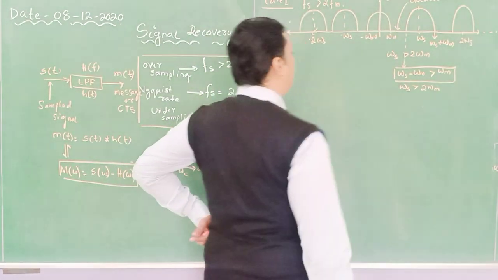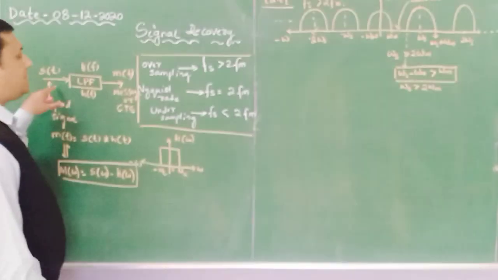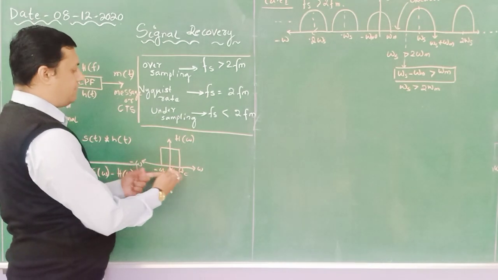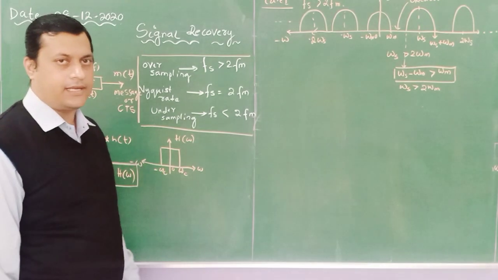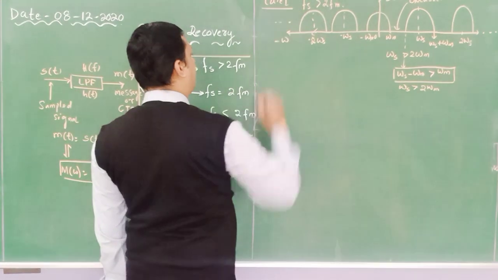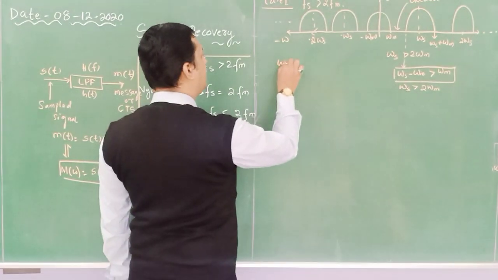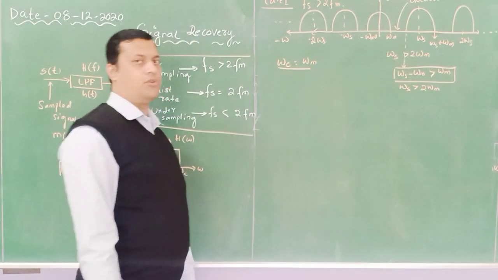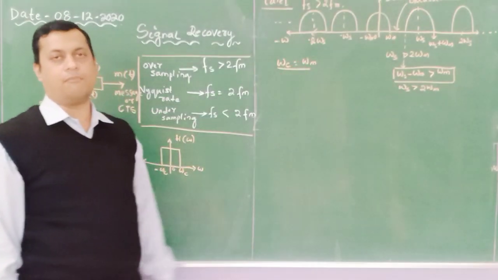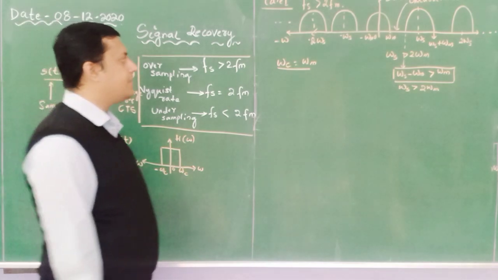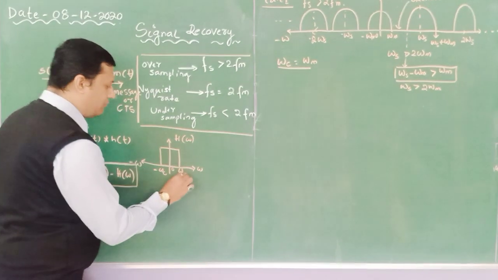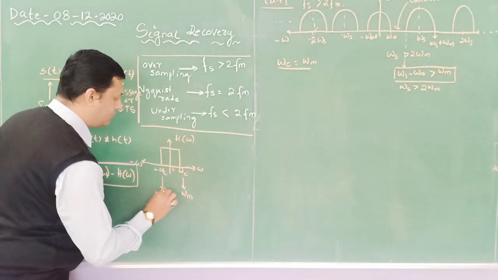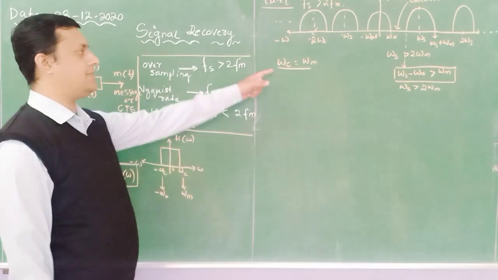Now for this particular case, when it enters this low pass filter, our filter response varies from minus omega c to omega c. Let us consider omega c equal to omega m, because my motive is to extract the message component, which is a band limited signal, so I set omega c as omega m and minus omega c as minus omega m. This is the criterion.